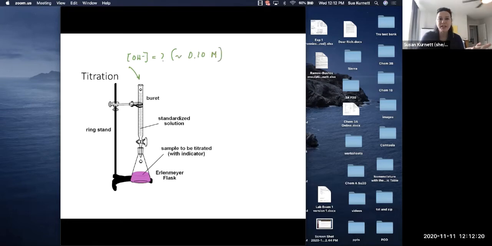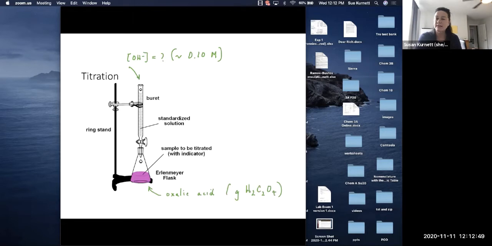So part A, we're not going to do because that would be you making your base. Part B is you using a known amount of an acid. So in here, we have oxalic acid. And you would mass that out in grams. And then you would add water and some indicator.